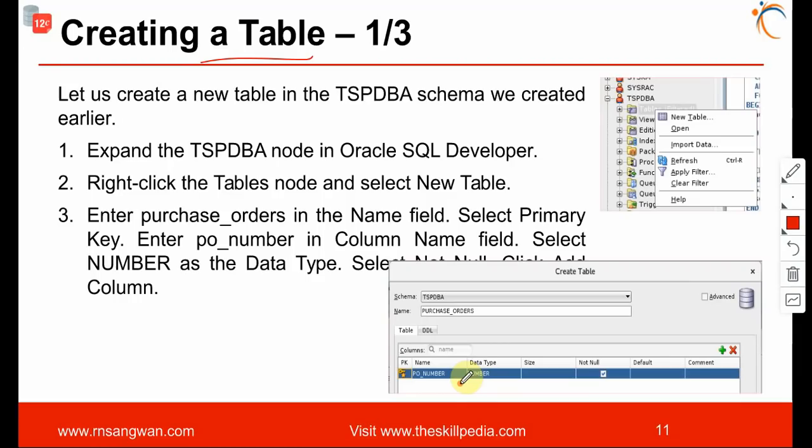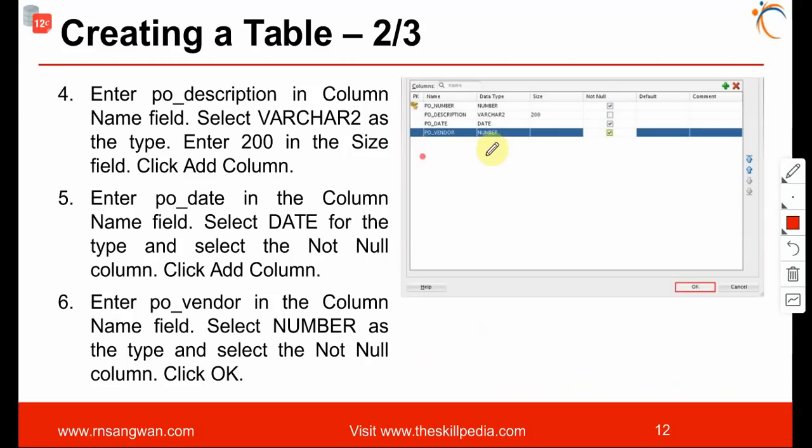So some relationship is there. Therefore you stick to exactly the same columns, like purchase order number with the number data type. A name you can change, but the data type and the other things you should keep the same, so that you have matching columns. So specify the column name, data type, not null. Similarly, keep on adding the fields.